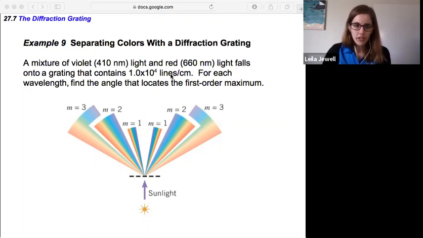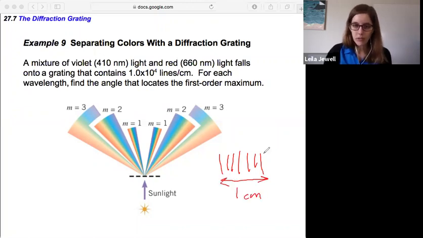Now, I want to take a closer look at this number, the 1.0 times 10 to the 4 lines per centimeter. What is that trying to say? Well, that's trying to show that we have a whole bunch of lines within 1 centimeter.